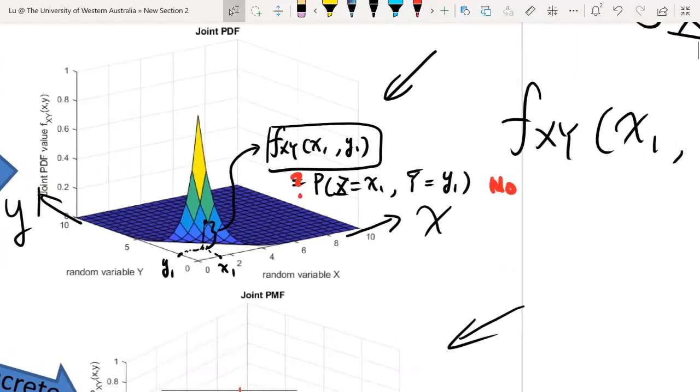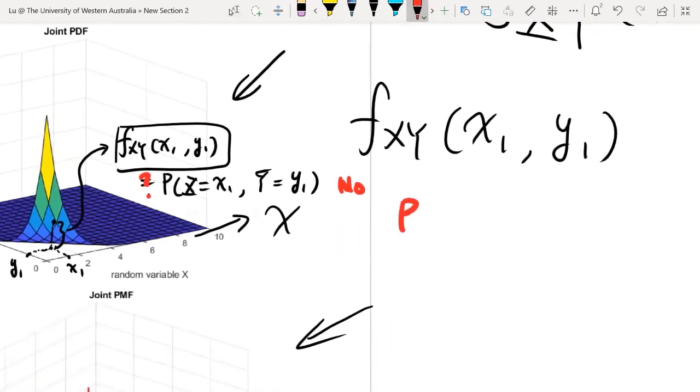Because for the continuous case, as we discussed in the single random variable case, the height at a single position doesn't mean the probability. So how can we evaluate the probability that x equals xi and y equals yi for continuous random variables?